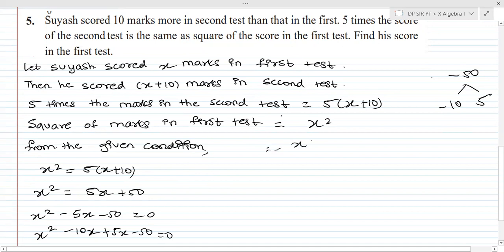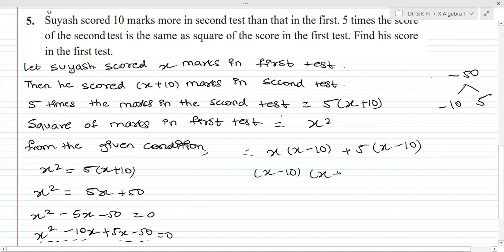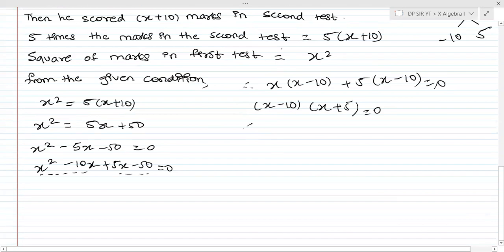Therefore x square दो ग्रुप बन जाएगा, ये एक ग्रुप, ये दूसरा ग्रुप. So therefore x कॉमन आएगा ब्रैकेट में x minus 10, plus 5 कॉमन आ जाएगा ब्रैकेट में x minus 10. So x minus 10 and x plus 5. Don't forget this is equal to 0. Sometimes I only forget. So therefore x minus 10 is equal to 0 or x plus 5 is equal to 0. Sorry for the handwriting. I'm just apologizing again and again.